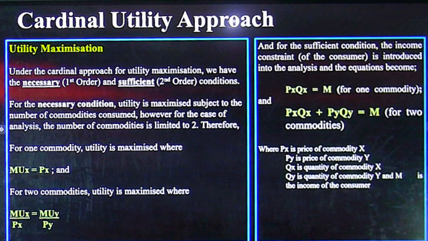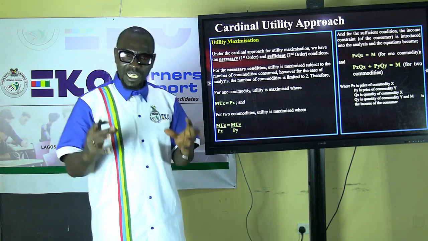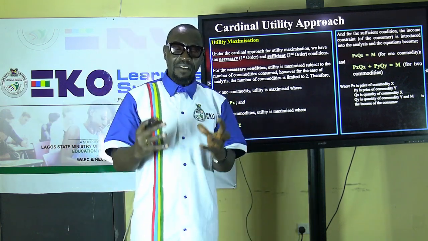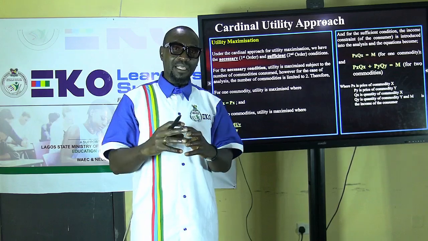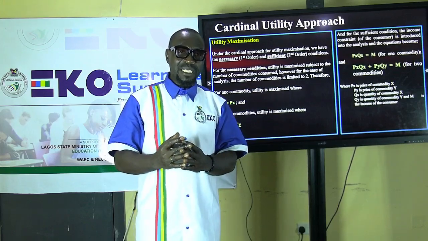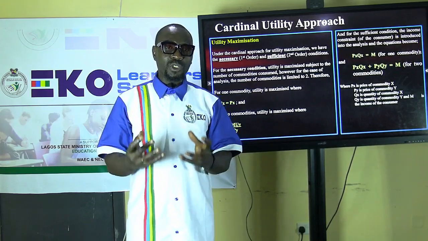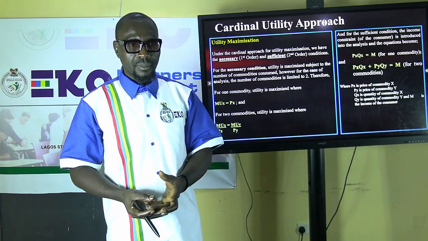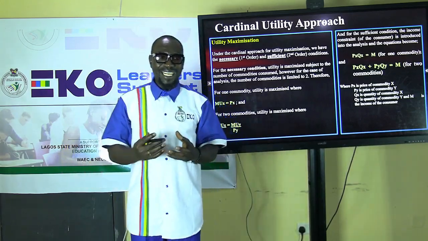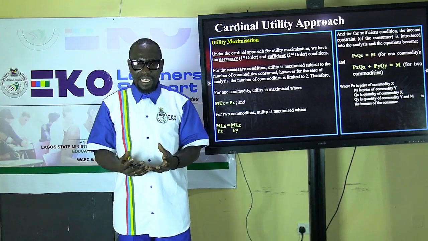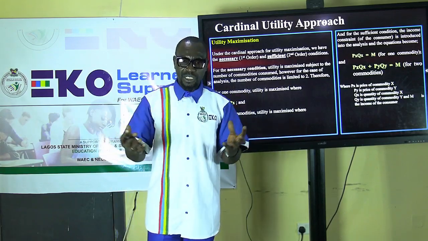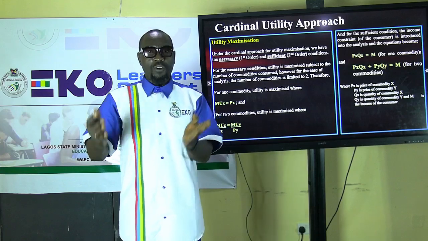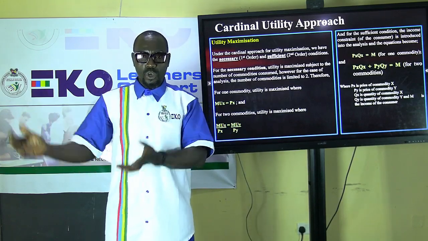And then for the sufficient condition where you introduce the income, because at the end of the day, whatever is to be consumed by a consumer is limited by the resources at the disposal of that consumer. So consumption cannot be limitless, even where there is the law of diminishing marginal utility, even where satisfaction falls as you increase consumption.